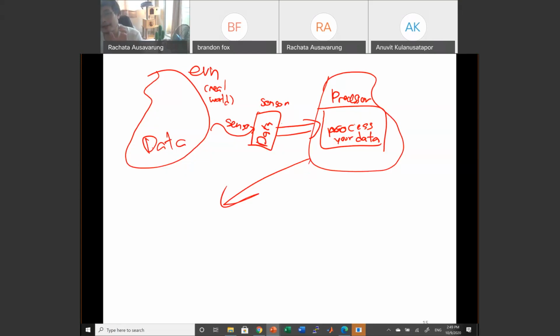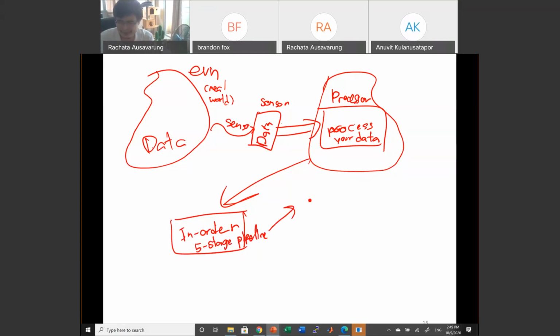Most low power processors would have something that resembles your in order, something like a 5-stage pipeline. And this 5-stage pipeline sometimes is actually 3, 5, 7 stages.